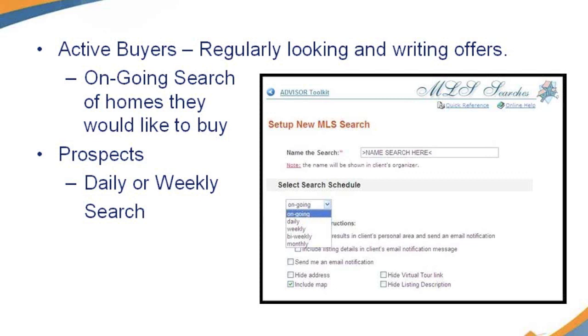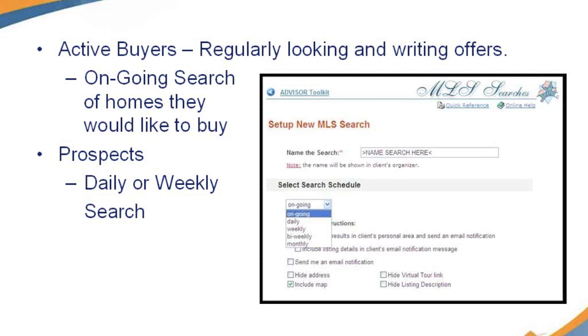But hey, I got burned on this last week. Not all of them do. Some of them will take an offer from you right now. So for those active buyers ready to write an offer, it still makes sense for them to know about property listings the minute they come on the market. So make sure you have those on an ongoing search.